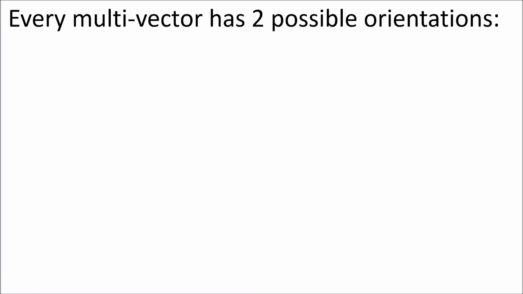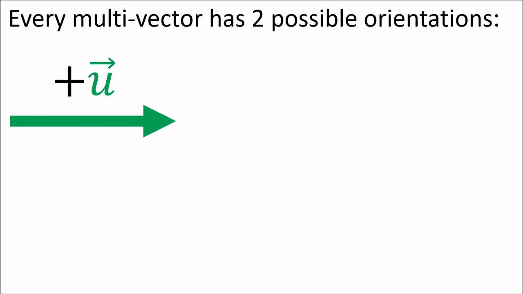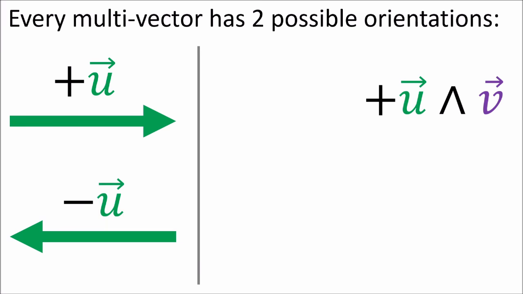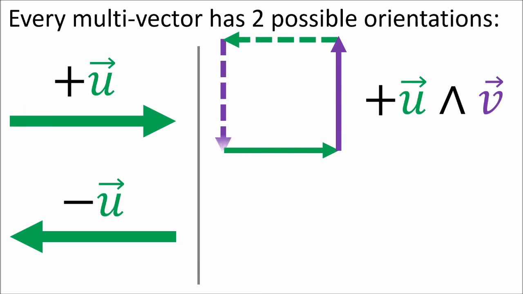Every multivector has exactly 2 possible orientations, given by a plus or a minus sign. We reverse the orientation of a vector just by flipping the arrow's direction. We can build a bivector using a set of vectors, all oriented so that the tip of one touches the tail of the next, forming the boundary of a plane segment.